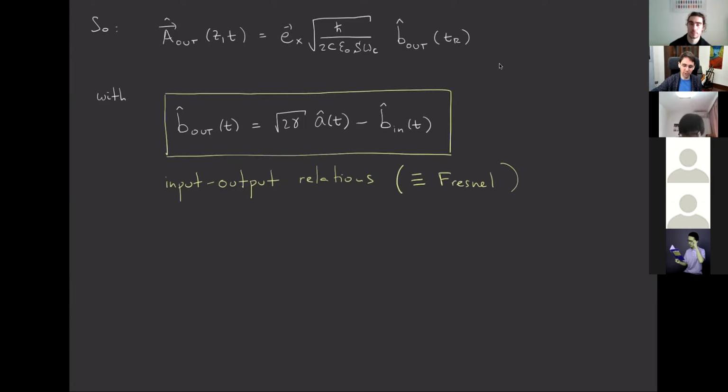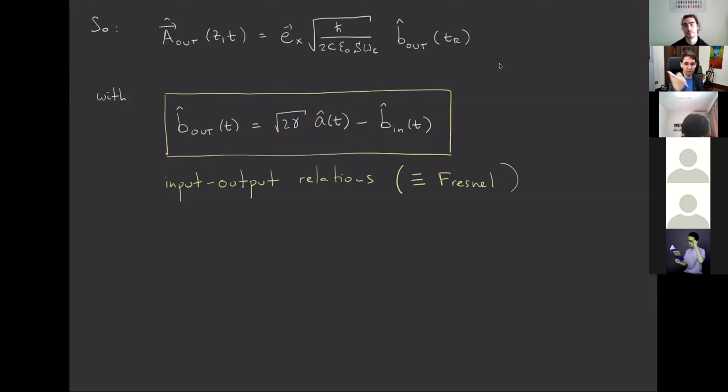If you want another way of thinking about it, the output field will be the cavity field, the part that transmits, because this gamma is the transmission, plus the input field that has been reflected.